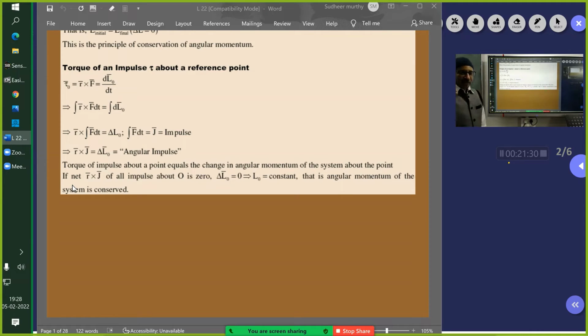But frankly speaking, see Newton's second law. What happens at the instant the force is acting on a body? You get F is equal to m into A. Then what happens during the interval of time when the force acts? Then you use the impulse function, integration F bar dt. What happens during the interval of space? F bar dot dx bar.